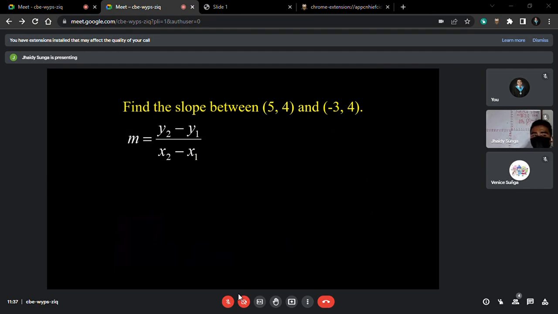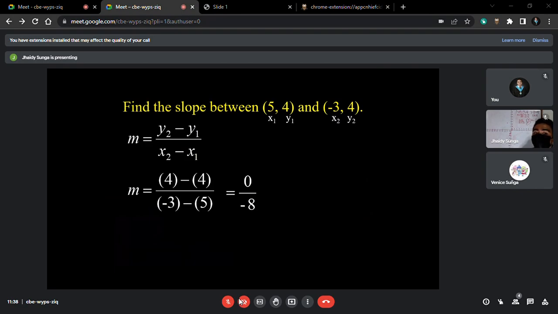How about this one? M, or the slope, is equal to the formula itself. We know these are the values of x sub 1 up until y sub 2. If you substitute all the values in our formula, you will notice that the slope is 0 over negative 8.